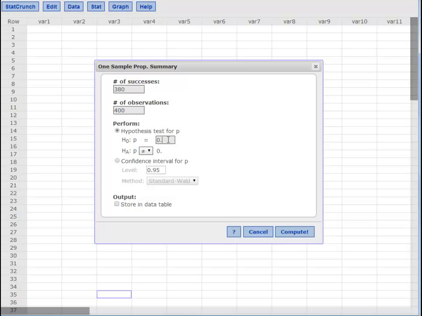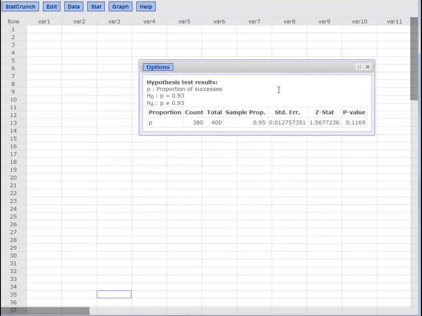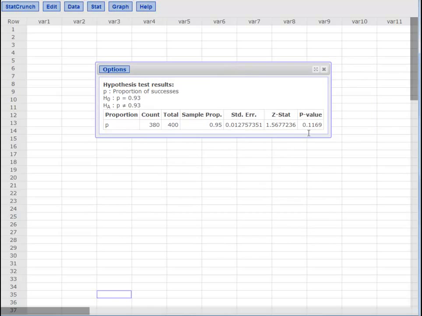This is the p that we're testing against of 93%. It automatically changes this for us. Here is where we would change it to a one-tailed test, but we're doing a two-tailed, so we're going to leave it right there. Tell it to compute, and there we have it. Same results, right? 0.1169, and our test statistic of 1.57 if we round. So technology just as easy.